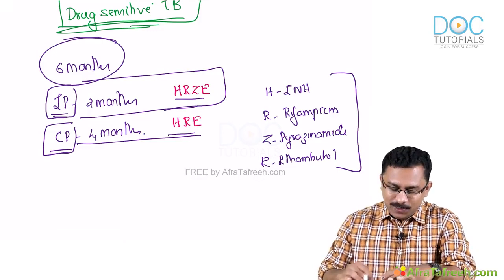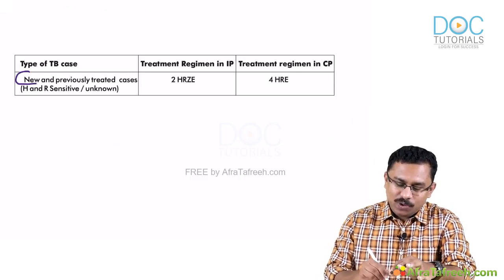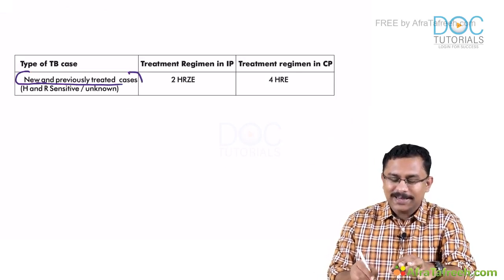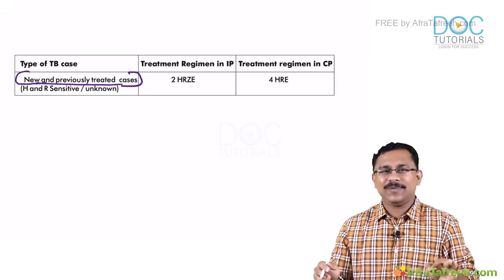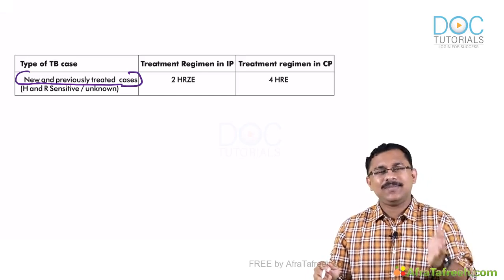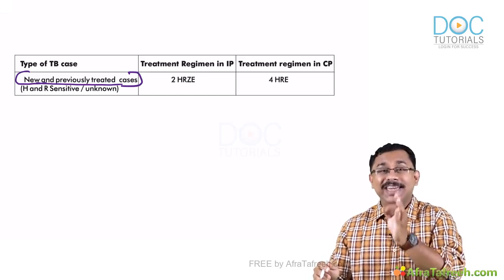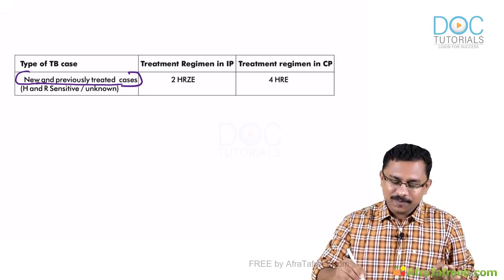Now you see this is the regimen. This applies to all new and previously treated cases. Only thing is that if it is drug sensitive, even if you are developing tuberculosis maybe for the 2nd or 3rd time, the treatment remains the same.